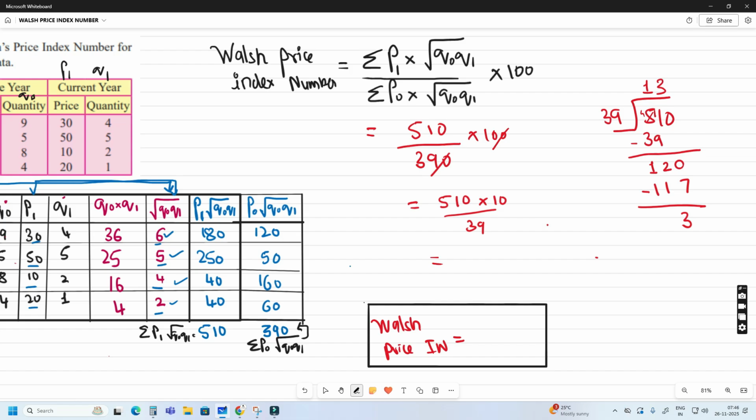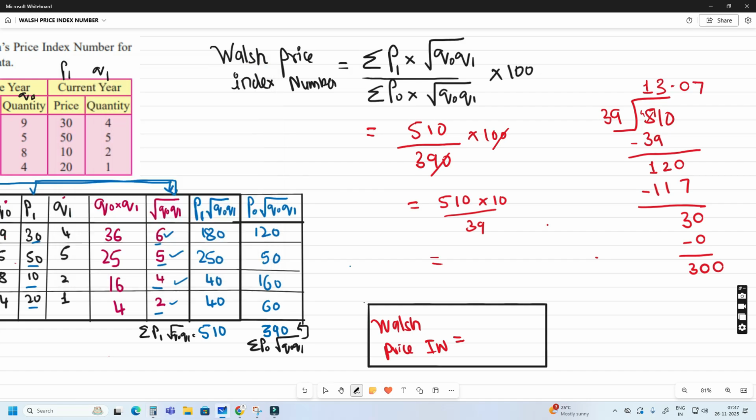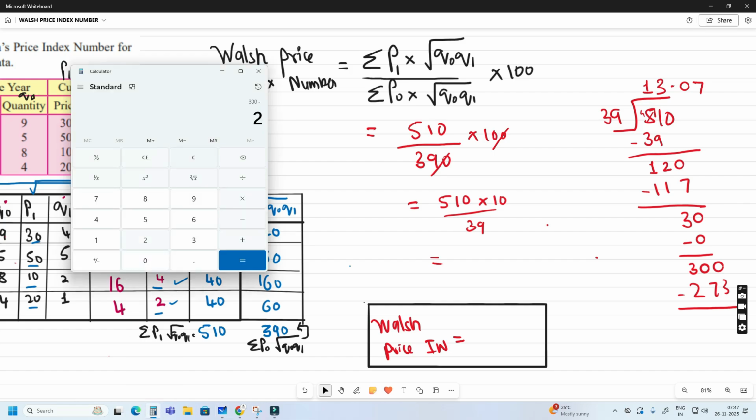So now what you can do is put a 0. तो ये 30 हो गया, अभी भी नहीं आ रहा है. So 39 times 0 is 0, again you get 30. तो पॉइंट लगाकर और एक 0 लगा दो तो 300 हो गया. So we can take 39, 9 times 7 is 273. 300 minus 273, so you're getting 27.